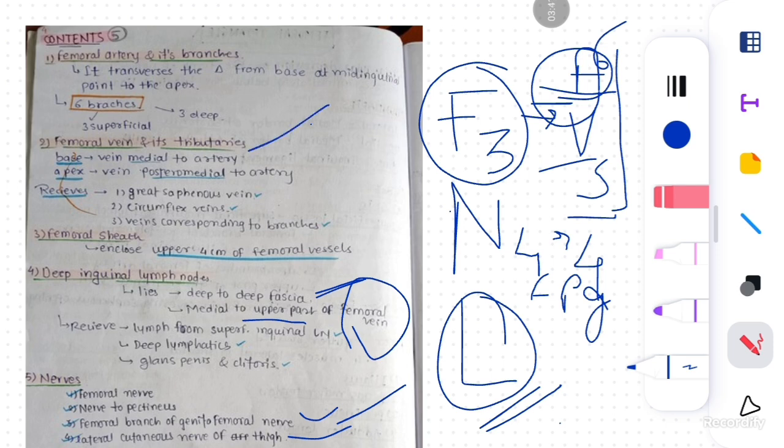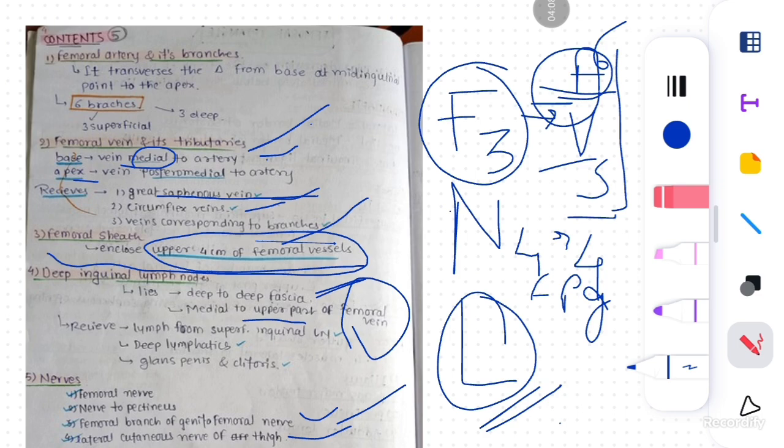And femoral vein at the base of the triangle is medial to the artery, and at the apex, the vein is posteromedial to the artery. And it receives the great saphenous vein, circumflex veins, and veins corresponding to the branches. And femoral sheath encloses 4 cm of the femoral vessels.